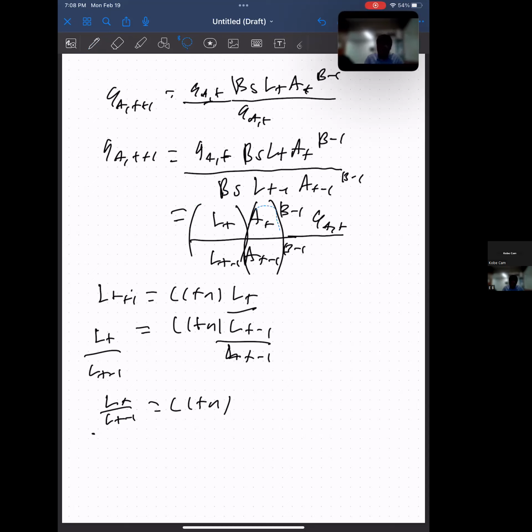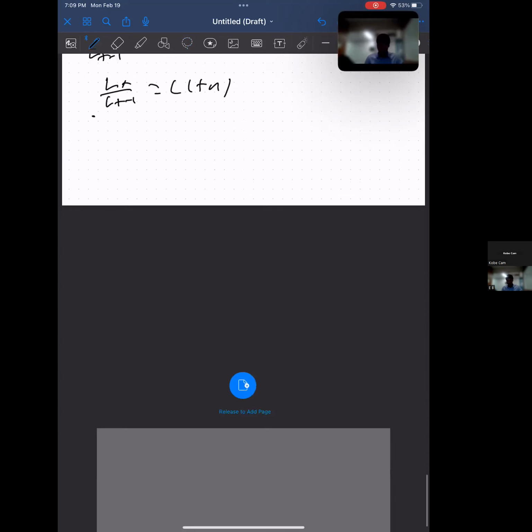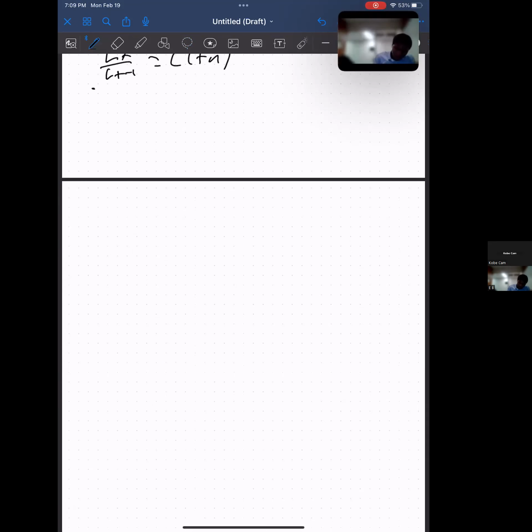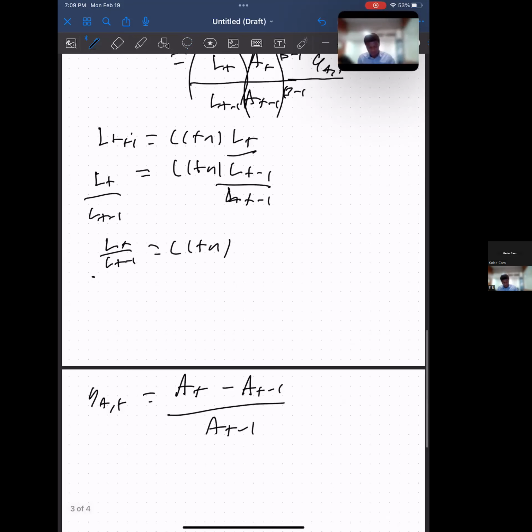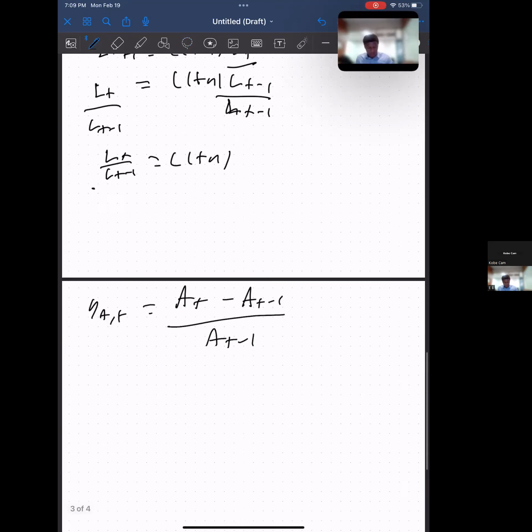What about this one? Okay, do you remember what we were talking about earlier when we were saying that g_A(t) is just equal to (A_t minus A_{t-1}) divided by A_{t-1}? Well, we can use that information here, right?